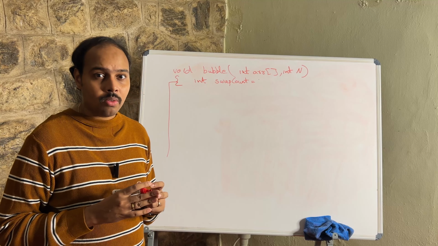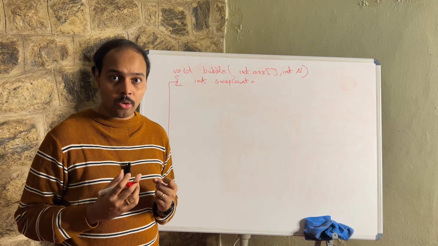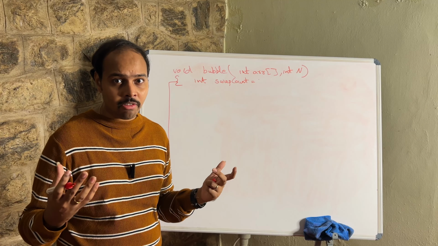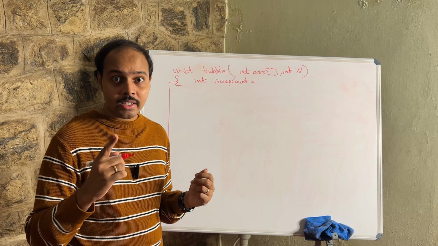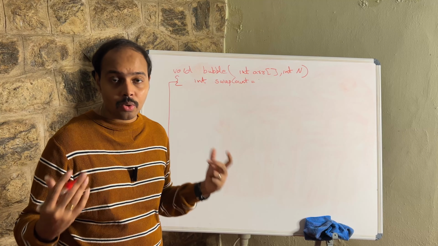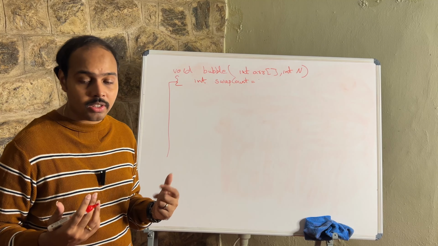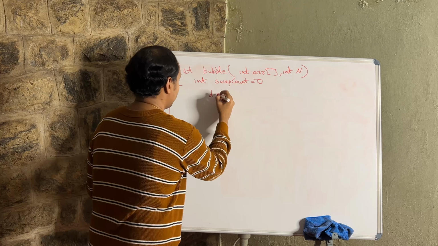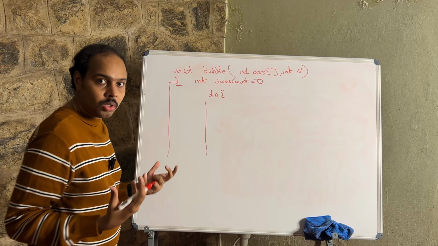So we will use a do while loop instead of a while loop. When do you use a do while loop? When you have to execute the loop once before checking the condition, and only in the second iteration you will start checking the conditions. So we will have the swap count 0 now. Do what? What do we want to check?